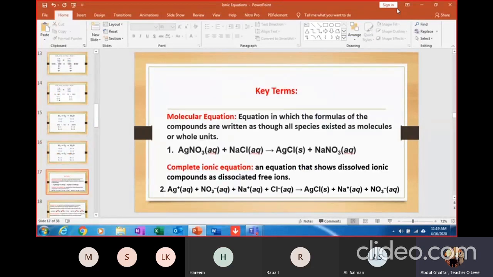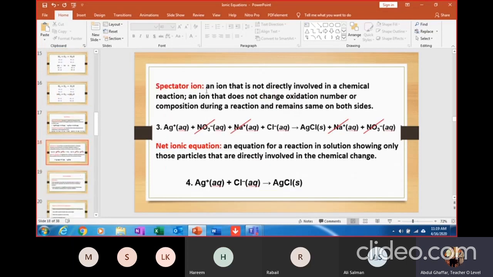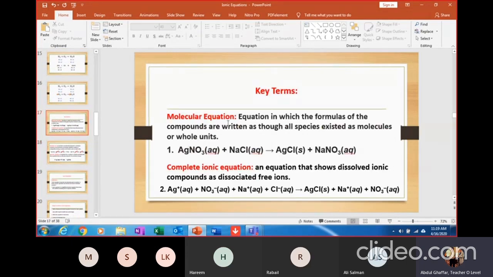Before we discuss the ionic equation, you must know these key terms: molecular equation, complete ionic equation, spectator ions, and net ionic equation. These are four very important terms. Now, what is the molecular equation? It is an equation in which the formulas of the compounds are written as though all species existed as molecules or whole units.